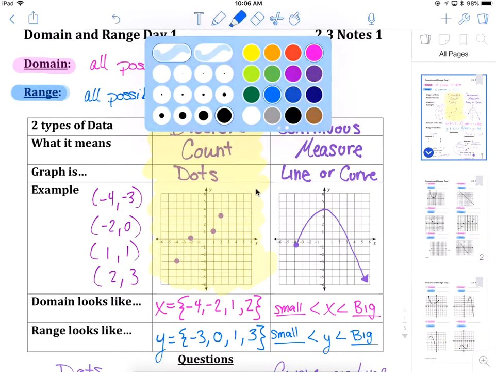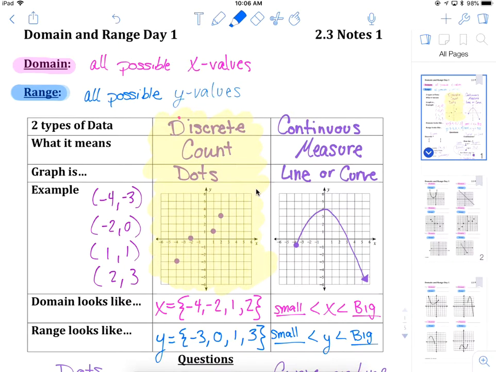My range, on the other hand, is all my Y values from that point. So all my Y values would be here, -3, 0, 1, and 3. Again, least to greatest, making sure they don't repeat. Discrete is probably the easiest ones because we're comfortable writing points, and it's really, really easy to list out numbers. Okay, so that's discrete data for domain and range.